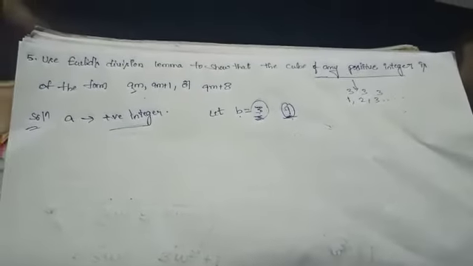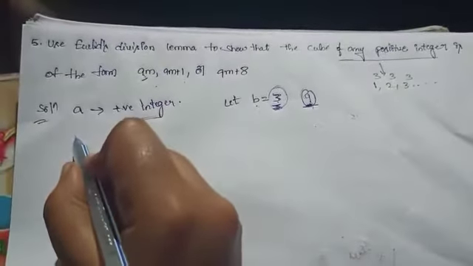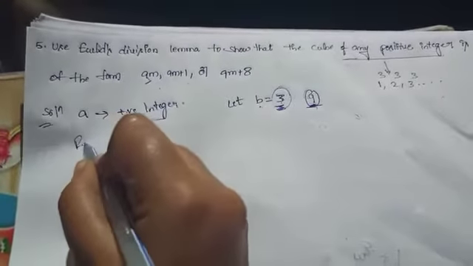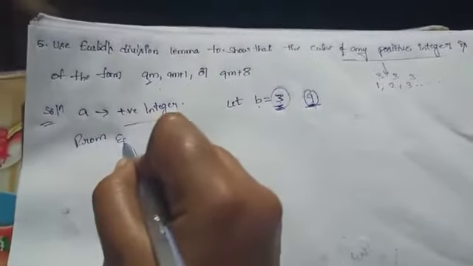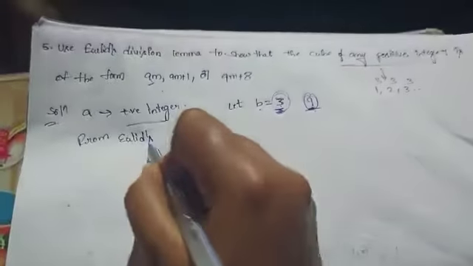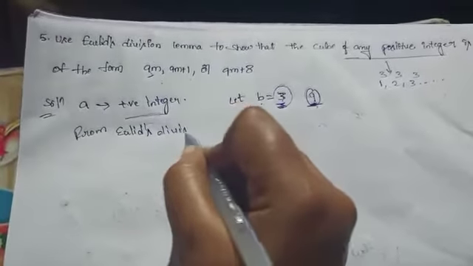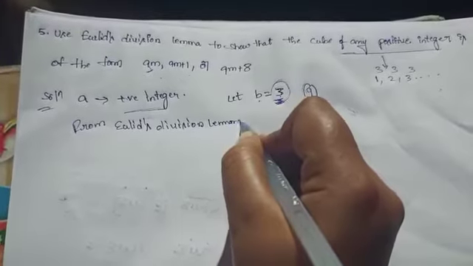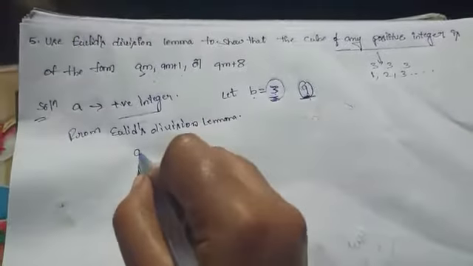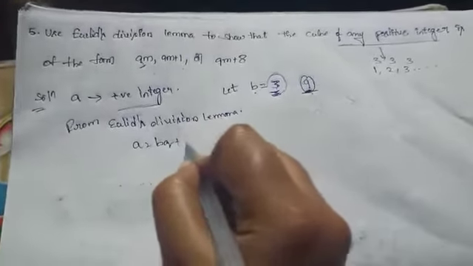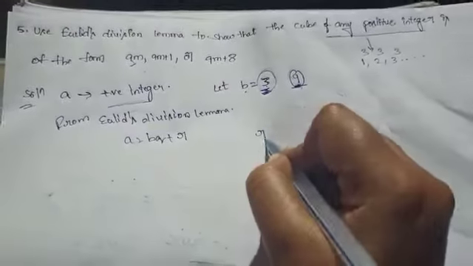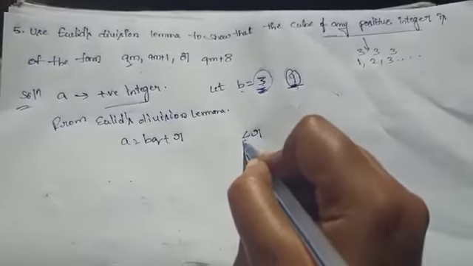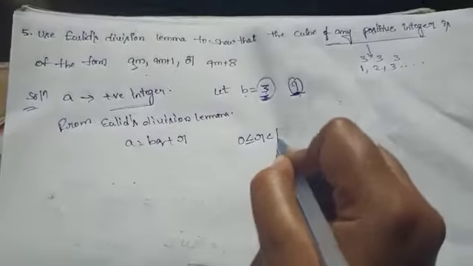So from Euclid's division lemma, a equals bq plus r, where r should be greater than or equal to 0 and less than b.